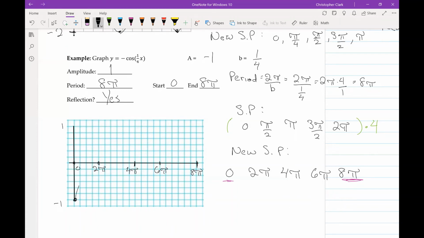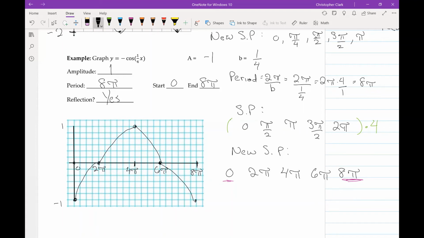Now 4 pi normally would be -1, but it's flipped, so we're going to go up to +1, back down to 0, and then down to 8 pi.